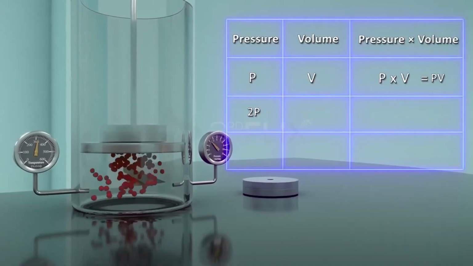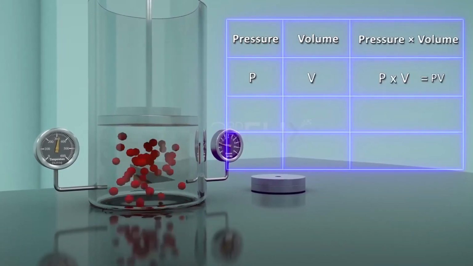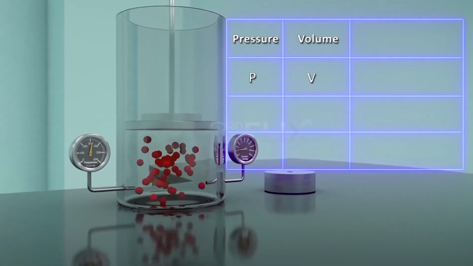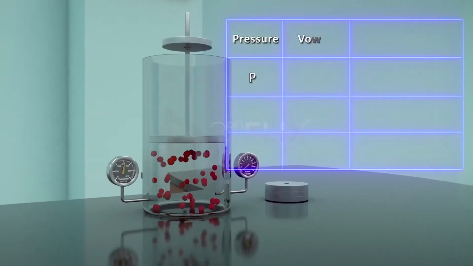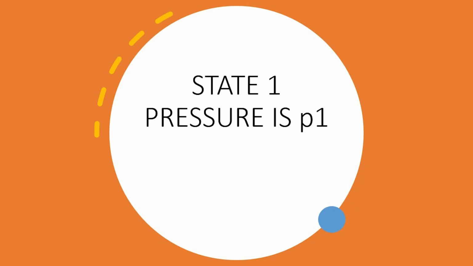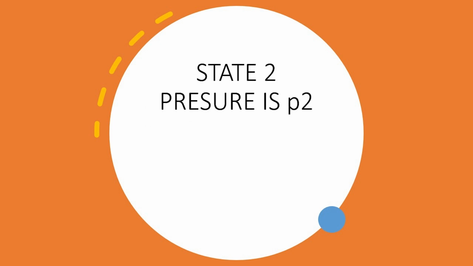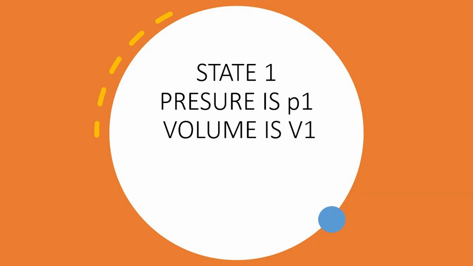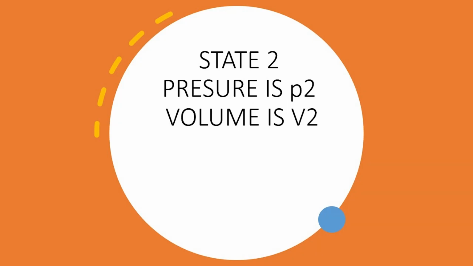Now I will show a video which is showing the expansion of gases from one state to another state. For state 1, the pressure of the gas is P1, and for state 2, the pressure of the gas becomes P2. At state 1, the volume is V1, and for state 2, the volume is V2.